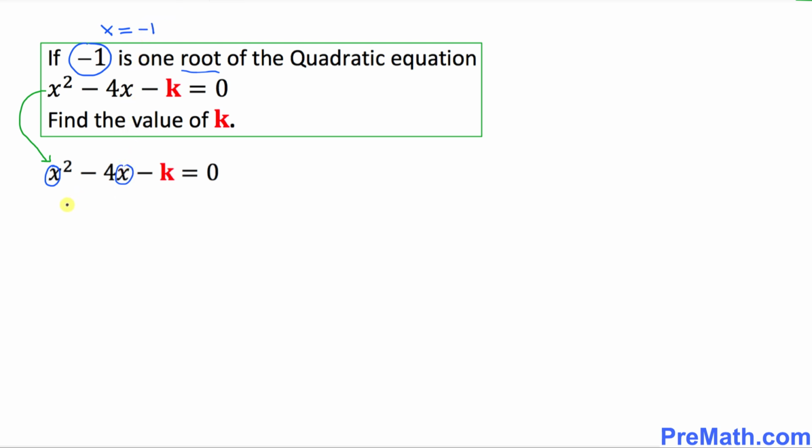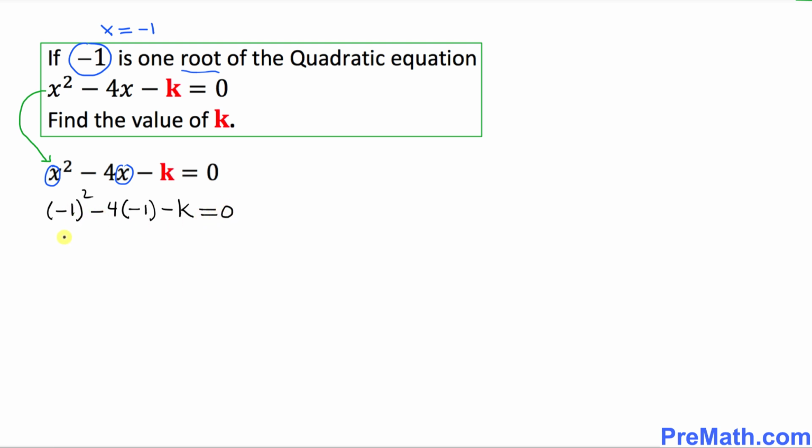So let's go ahead and do that one. Wherever you see x, fill in the blanks. So negative 1 squared minus 4 times, once again x is negative 1, minus k equals 0. Let's simplify this.